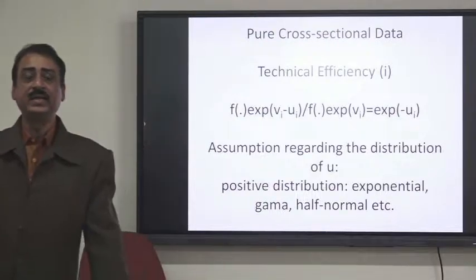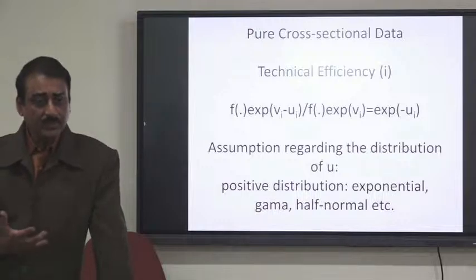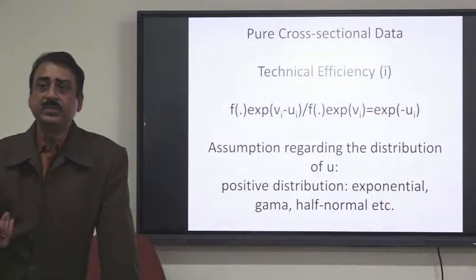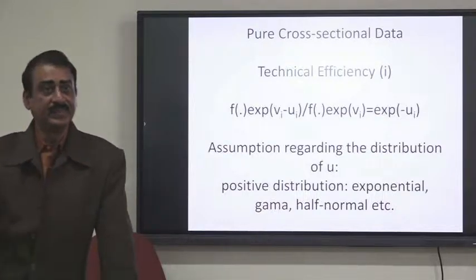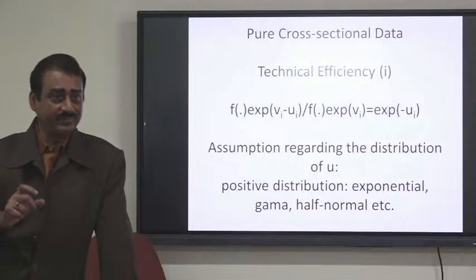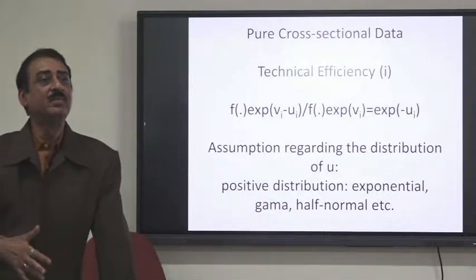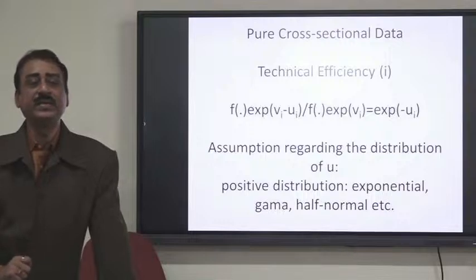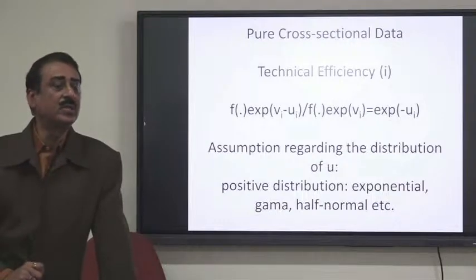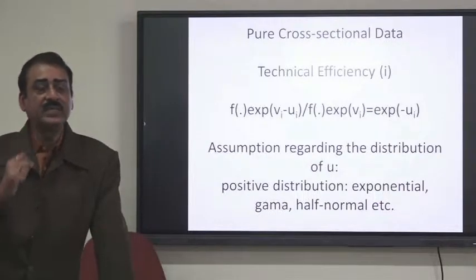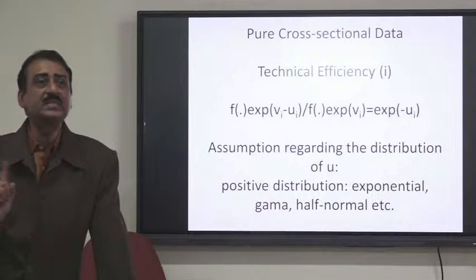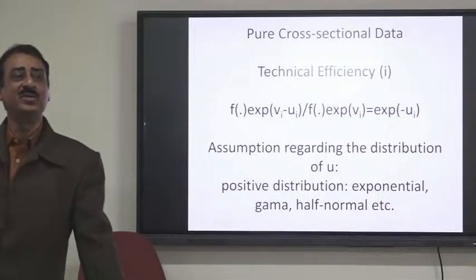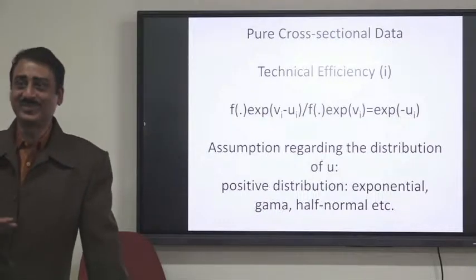Now, Kalirajan had a very interesting paper. He was trying to do the estimation for different farmers, and then he was trying to figure out which farms are more efficient compared to the other ones. His finding was very interesting. He could show that the efficiency indices are not very sensitive to the selection of the distribution, which is a consolation for us.